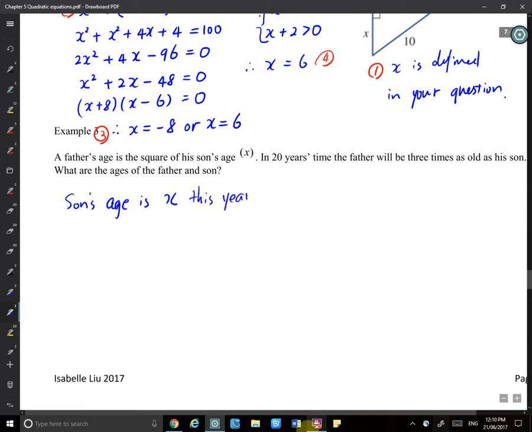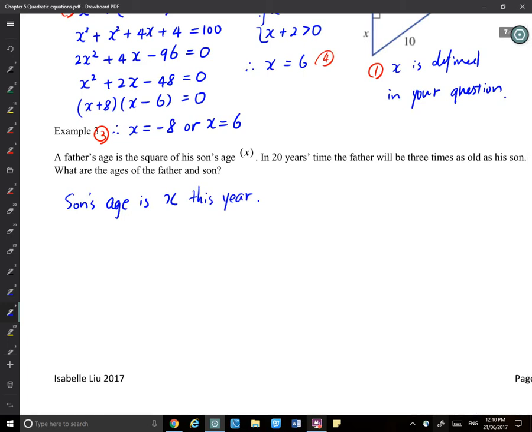It doesn't matter which one you write. In 20 years' time, the father will be 3 times as old as his son. What are the ages of father and son?